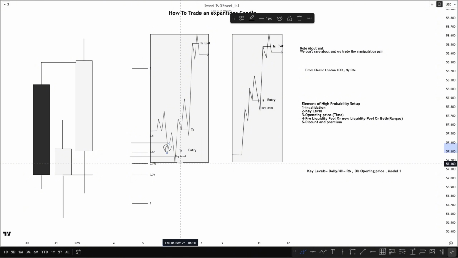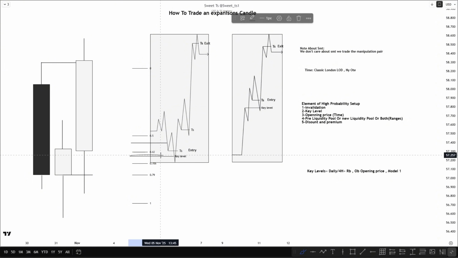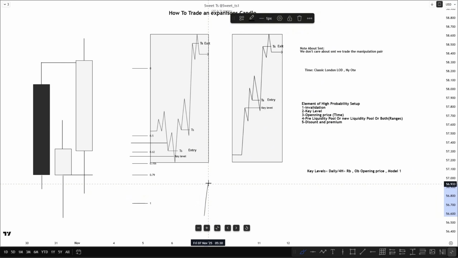Asia low, London SMR, expansion, New York OTE, one profile. And the second profile, and before going to the second profile, we are blending everything here. So we have a pre-liquidity pool, we have the fib, and we also have the key level. So we're blending everything.